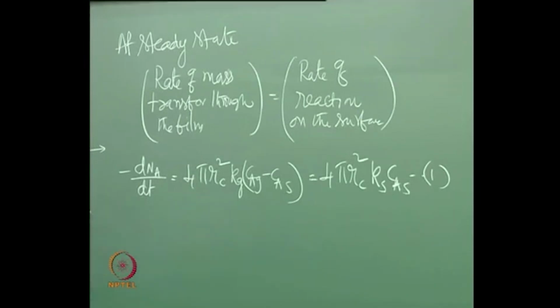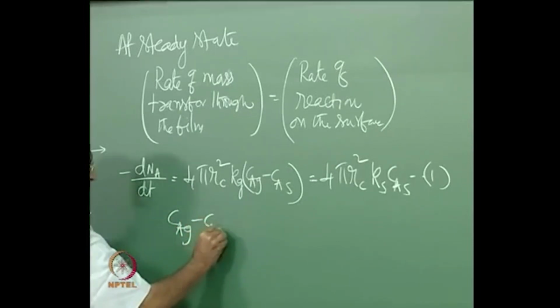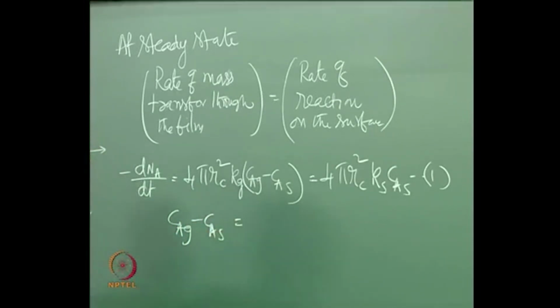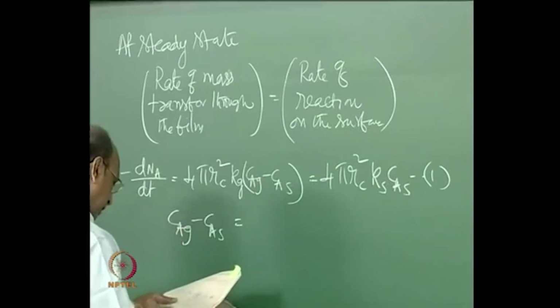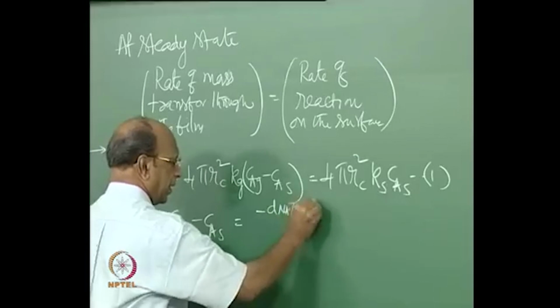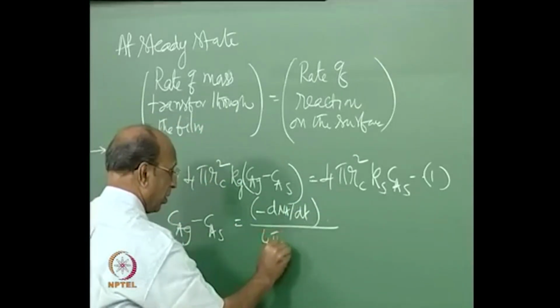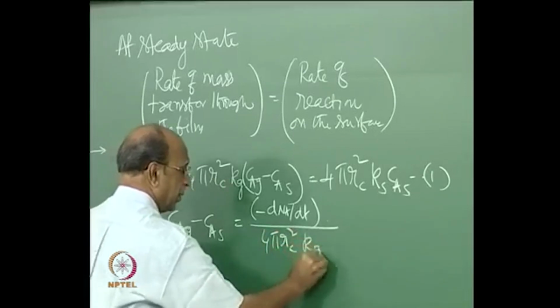Now of course, we have to eliminate CAS. I will write that in a slightly different way, so that some of you can get what is going on. So, this is minus dNA by dt divided by 4 pi r c square kg.